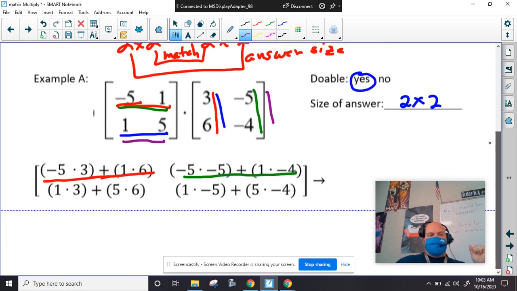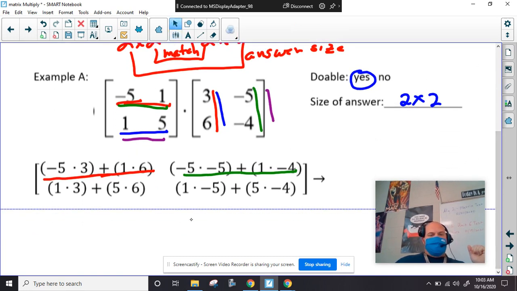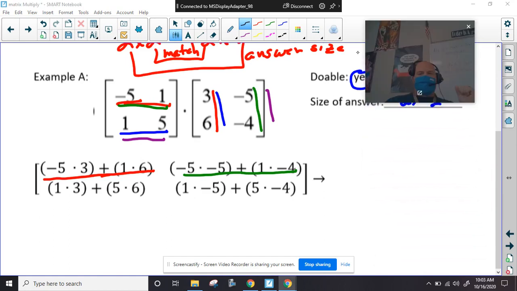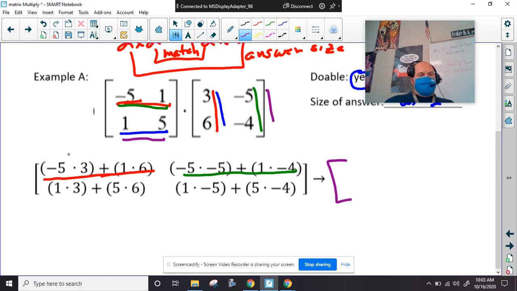As we're writing this out, this becomes -15 plus 6. So this answer is -9. And again, I typed it out this way, so that's actually how you could enter it in your calculator. Now I have 25 plus -4.